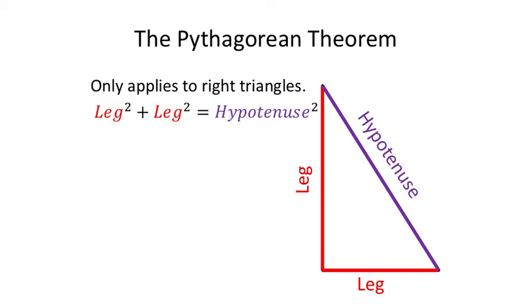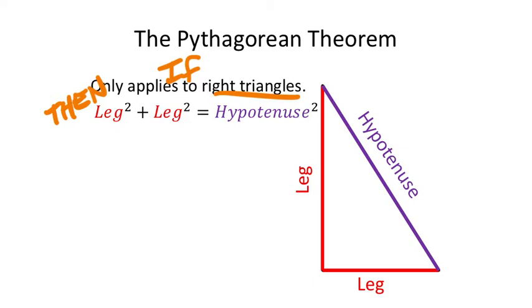This is the Pythagorean theorem right here, kind of, okay? So the Pythagorean theorem is more of a conditional statement. If you have a right triangle, then you have this relationship with the legs and the hypotenuse, okay? Leg squared plus leg squared equals hypotenuse squared.